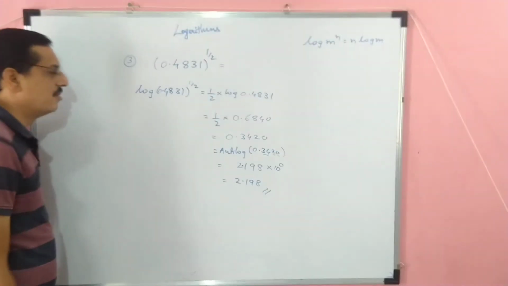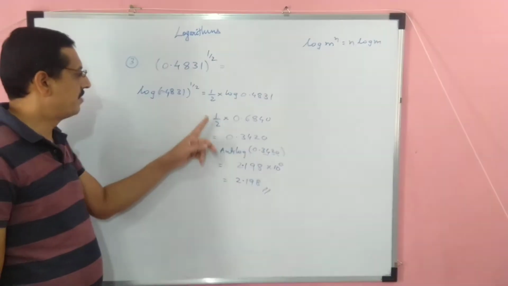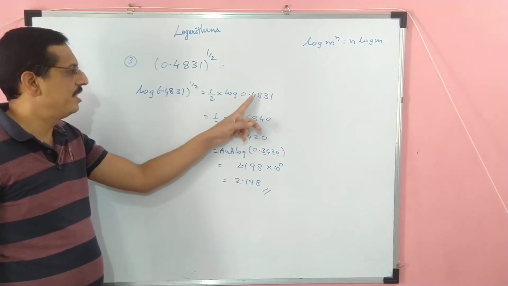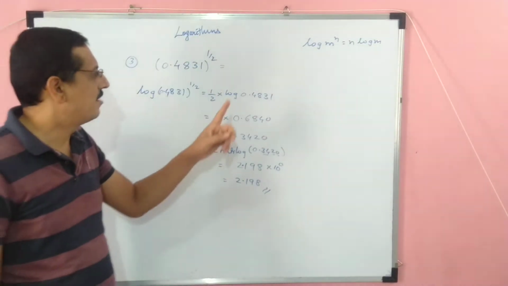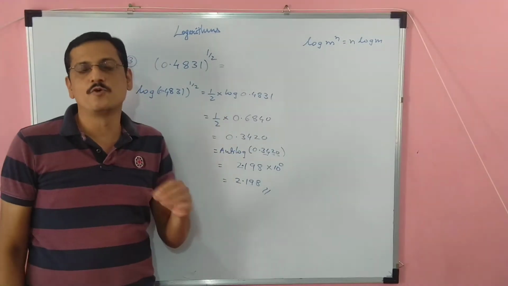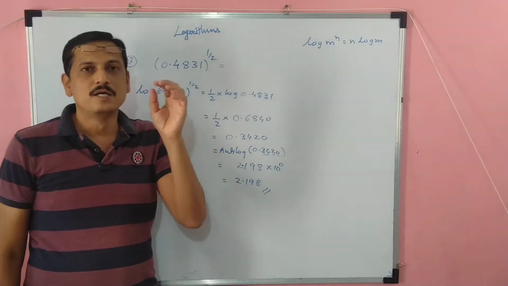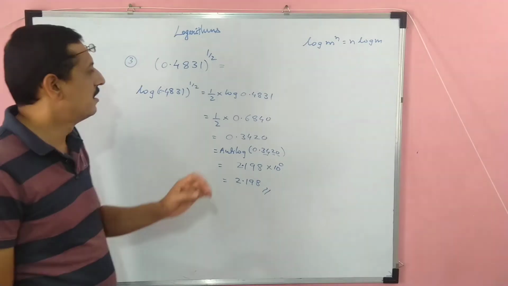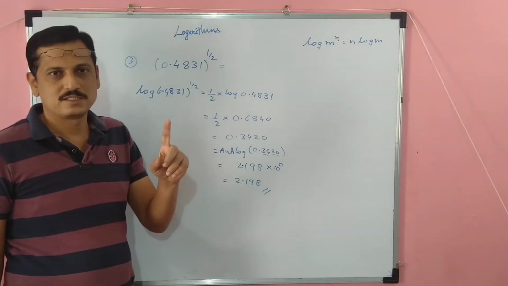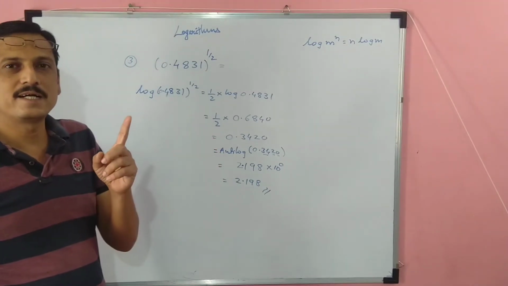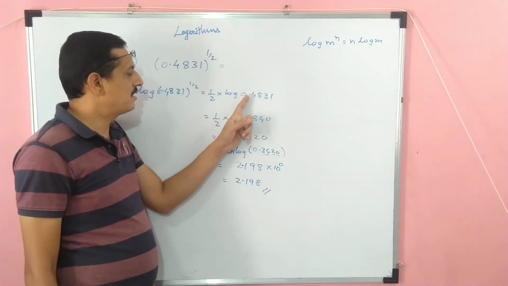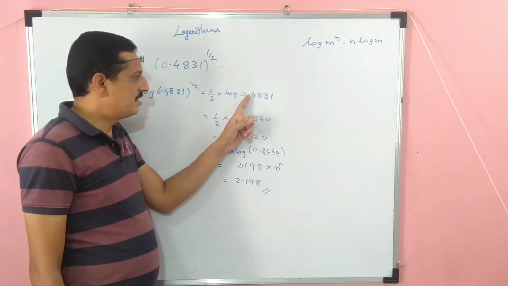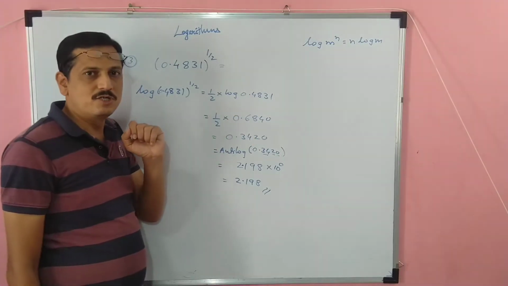Now student, this time we should be careful with log of 0.4831 because the value is less than 1. If it is less than 1, student, the rule changes. Now the rule for characteristic says that you have to check how many zeros are there between the decimal point and the first non-zero digit.